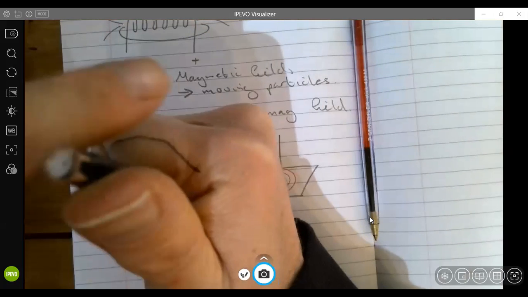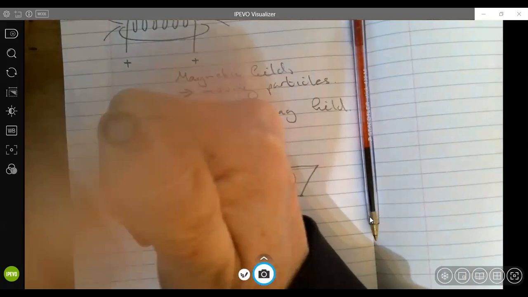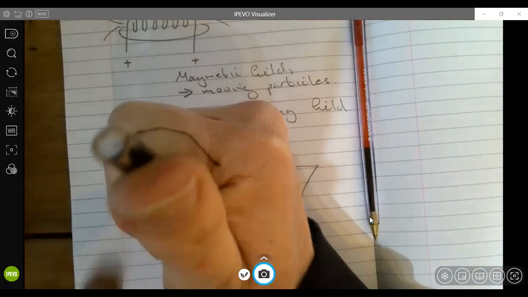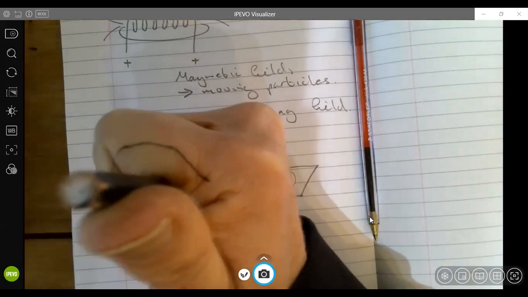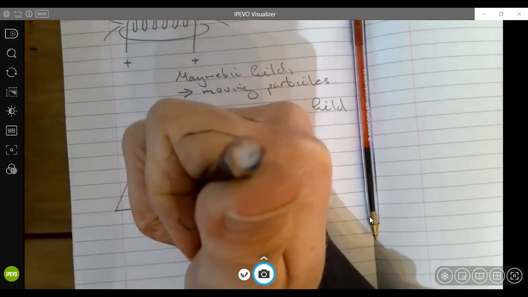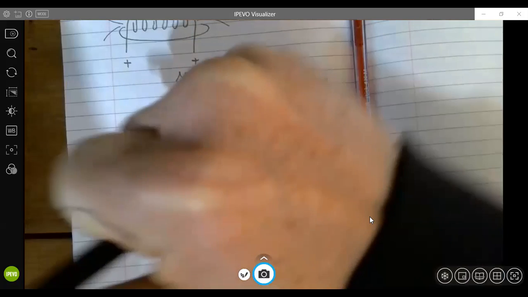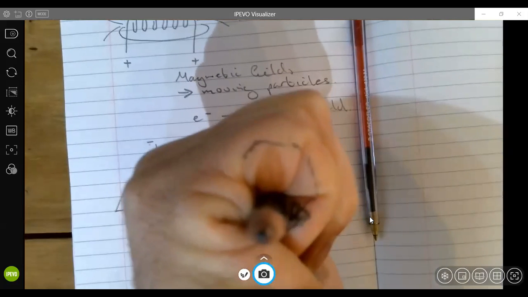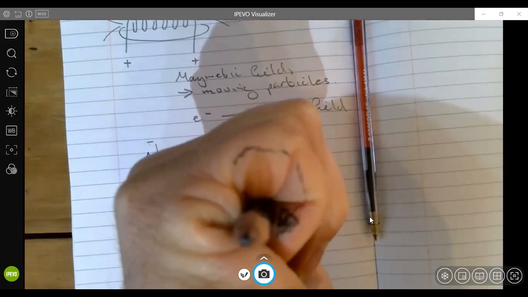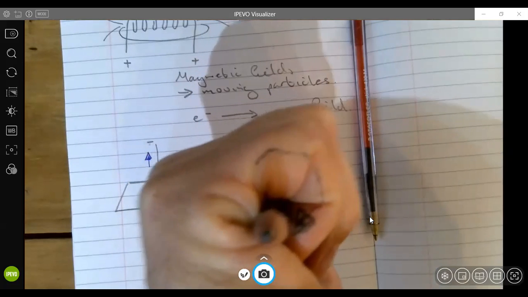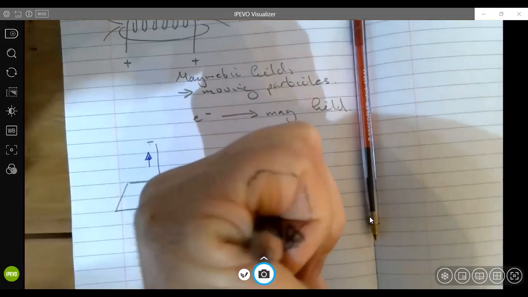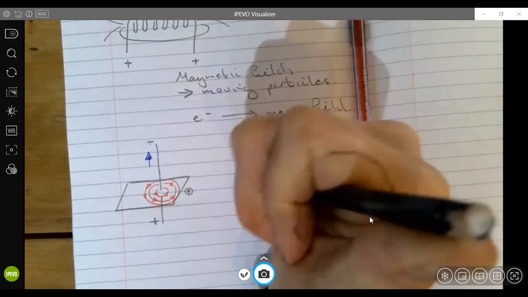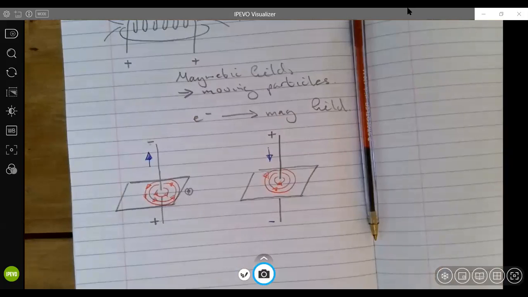Now you can see that the direction of your fingers will tell you the direction of the magnetic field. In this case, it's anti-clockwise. Now if we reverse this, it goes down, and you can see that the magnetic field goes clockwise, it follows my fingers there. So this is the right-hand grip rule, which is useful for finding out the direction of the magnetic field around the wire.